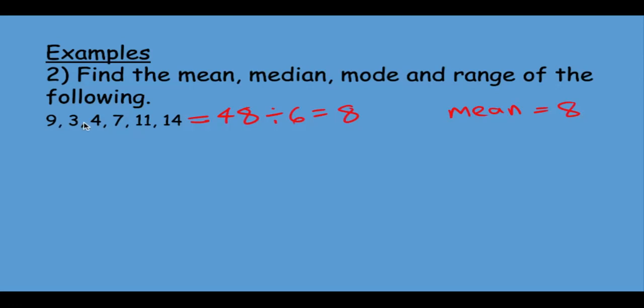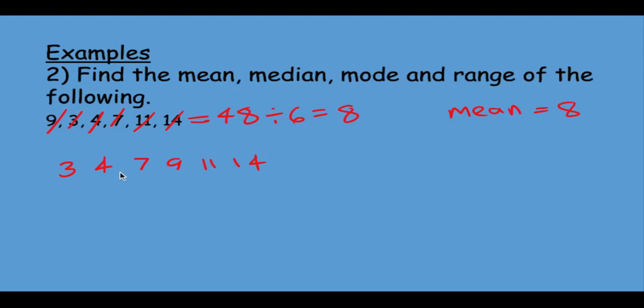So for our median and mode, we're going to write them out in order. So I've got 3, 4, 7, 9, 11, and 14. Okay, so we find the middle.